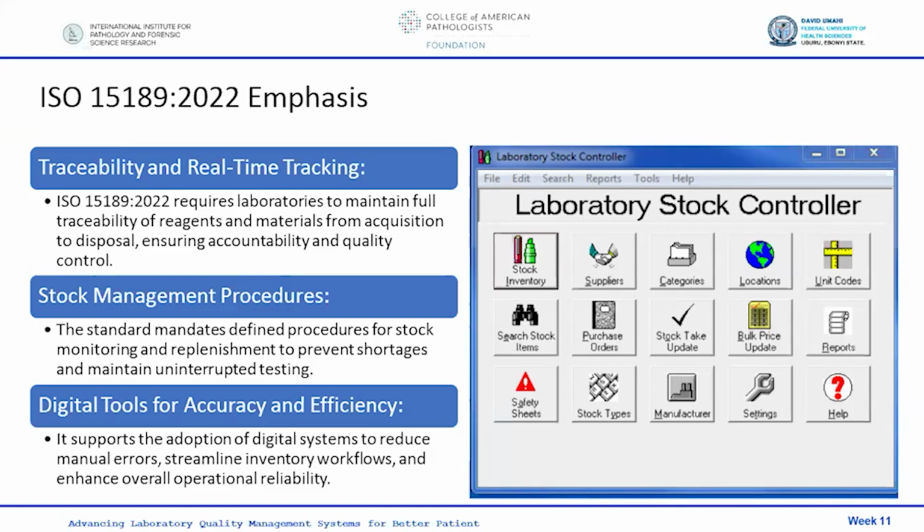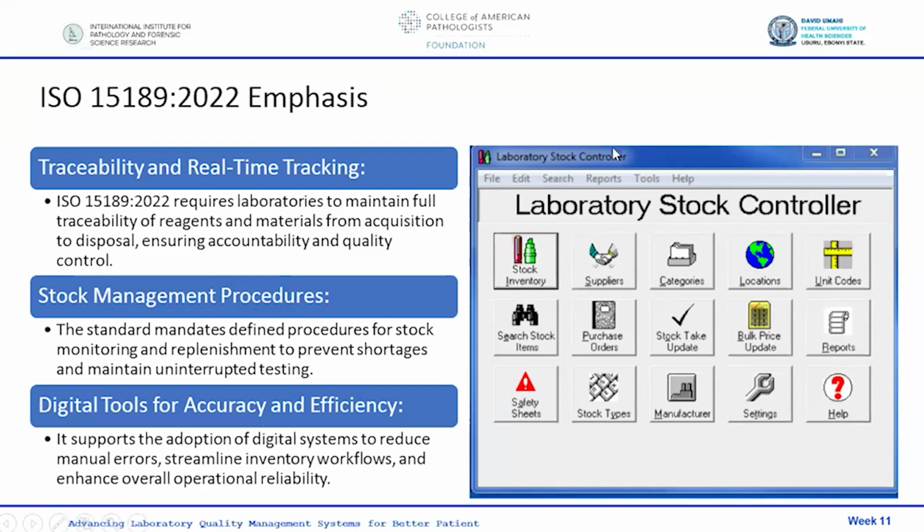Also, digital tools for accuracy and efficiency. They are emphasizing that digital tools should be used, and this supports the adoption of digital systems to reduce manual errors, okay, human errors. It can also help in streamlining inventory workflows and also enhance overall operational reliability.